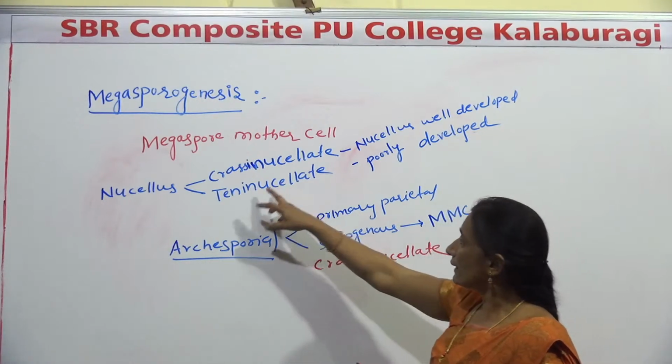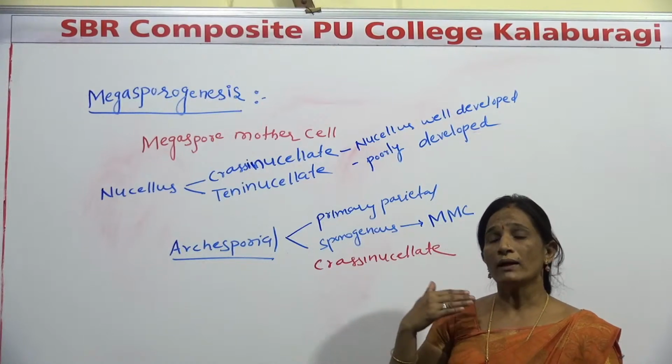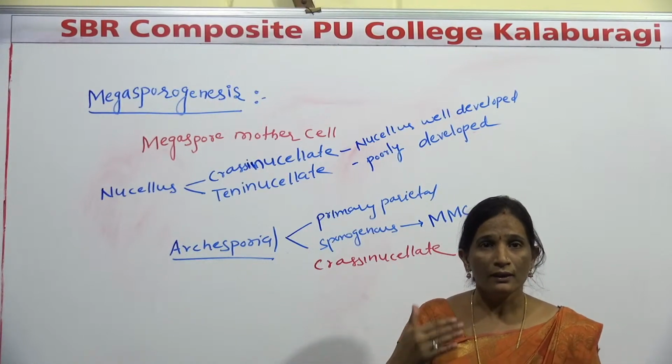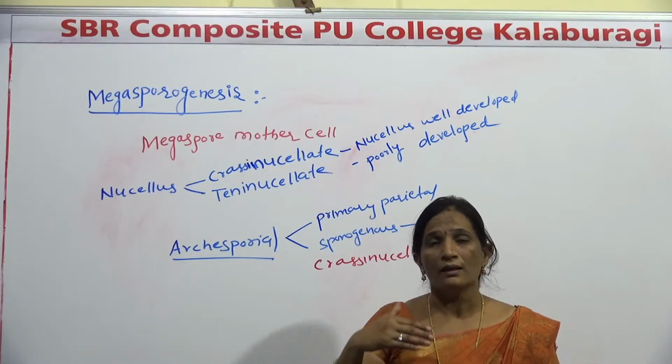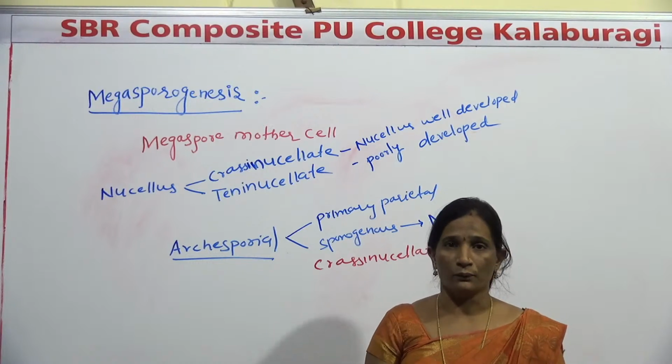And in tenuinucellate, what will happen there? Directly, one of the nucellus cells functions as the megaspore mother cell. That megaspore mother cell has large dense cytoplasm and a prominent nucleus.